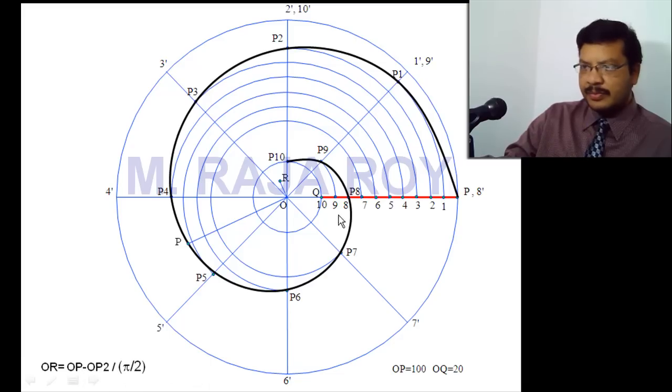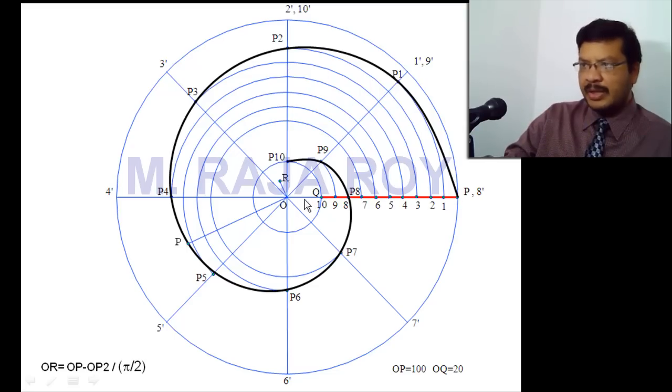OR is equal to OP minus OP2, divided by the angle between these two lines. Angle between OP and OP2 is 90 degrees. That means any two points you can take.